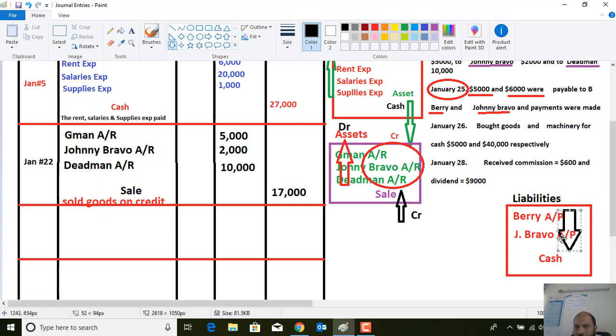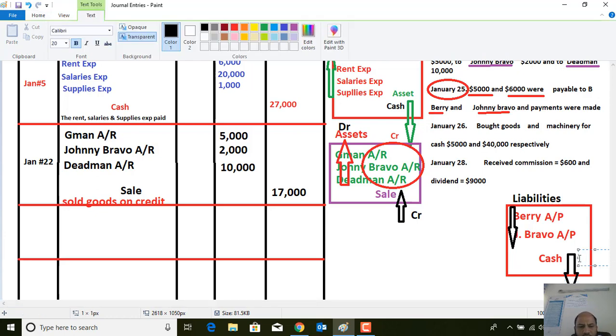The company paid money to Unibrav and to Beery, and along with this the cash account also decreased, and the cash account is an asset account. It is an asset of the business.